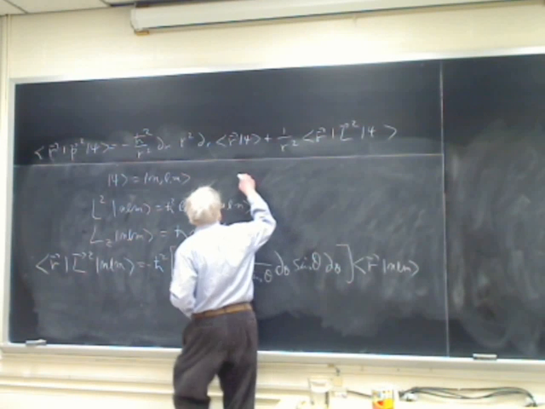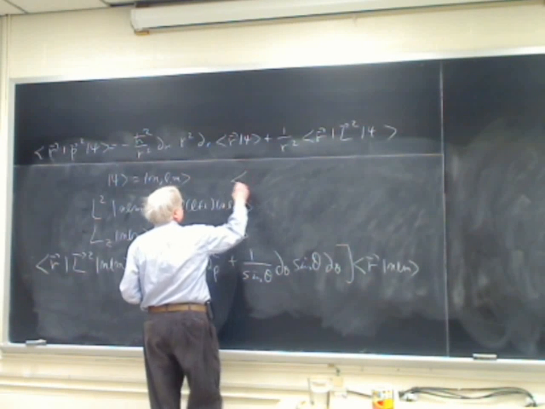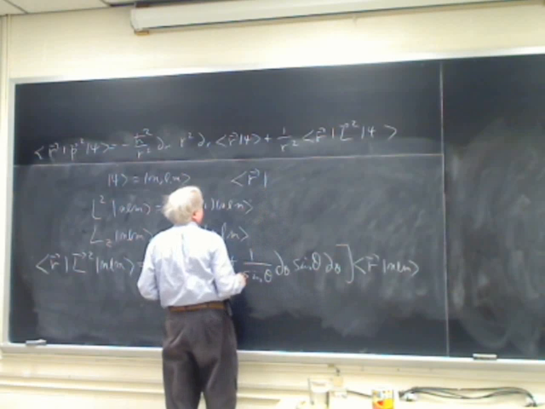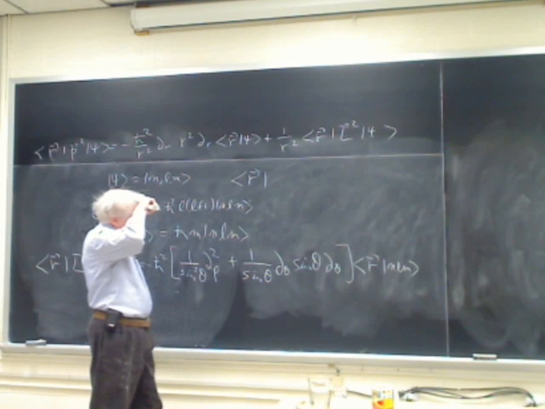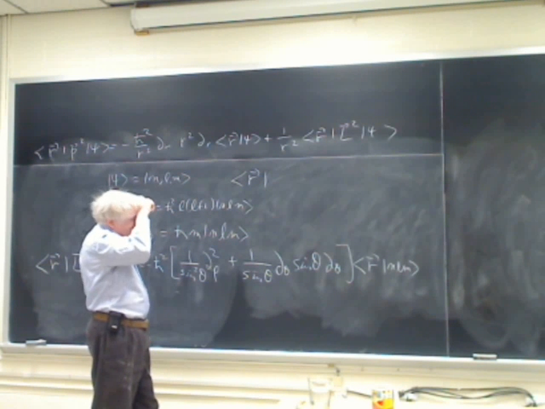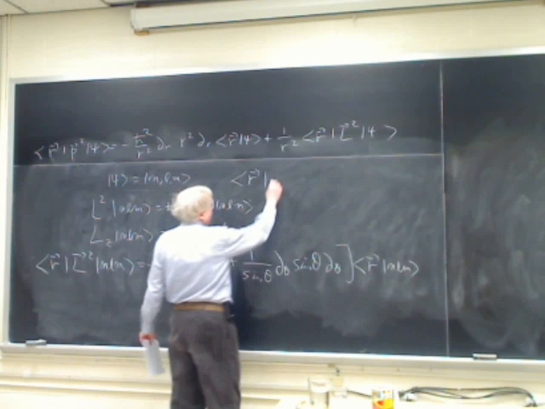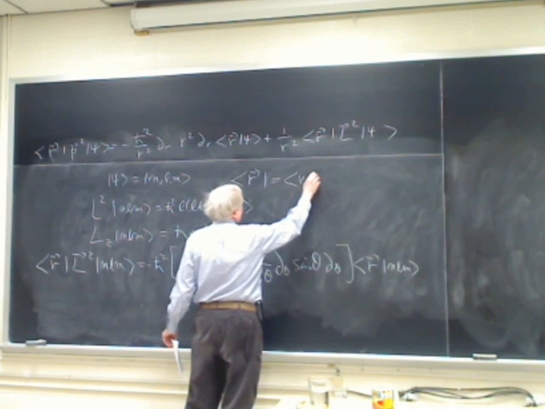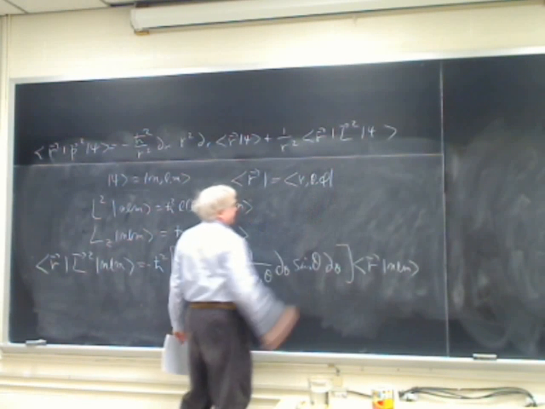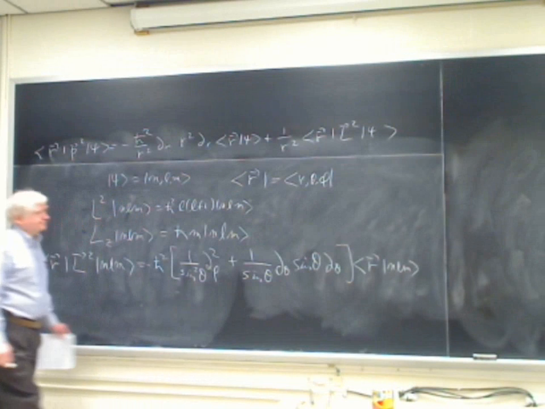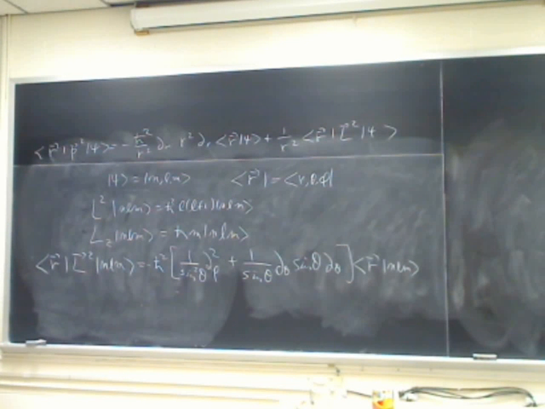And of course, we're going to be using spherical coordinates, and so our state |r> is going to be the state with coordinates r, theta, phi.